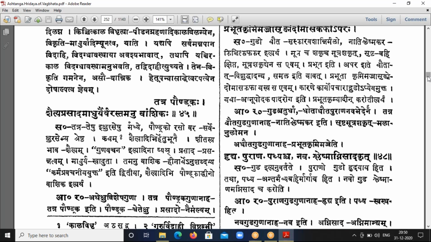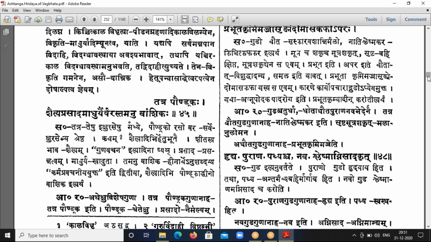Then, Tamanu Vamsikaha. Vamsikaha Ikshuhu Tamanu. It is supposed to be the second best. So the best type is Paundragam, then Vamsikam.